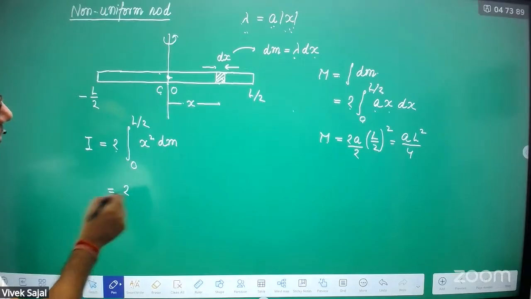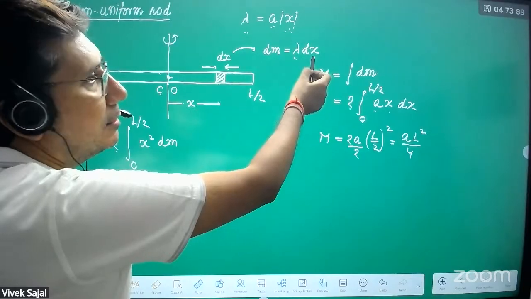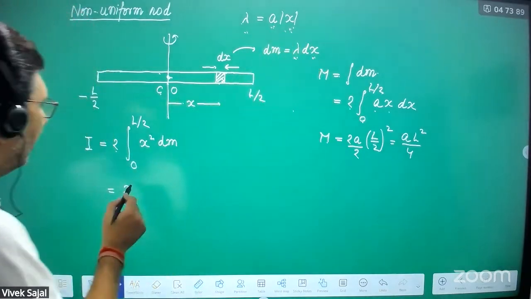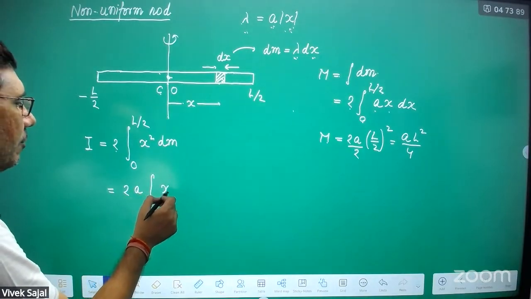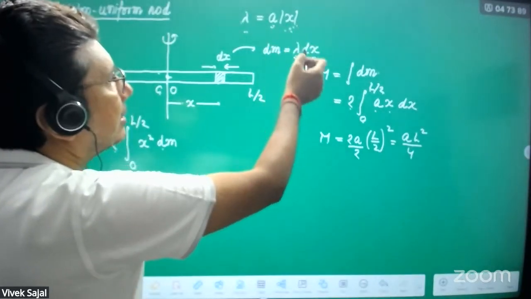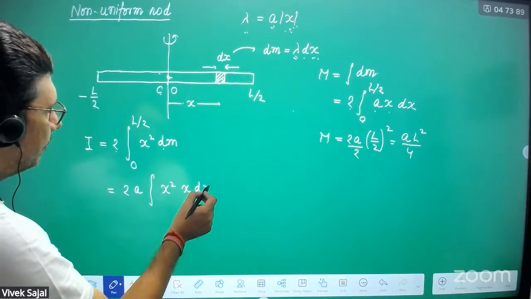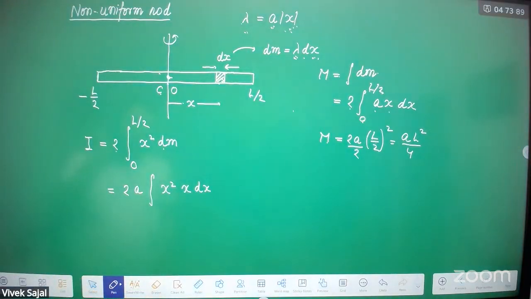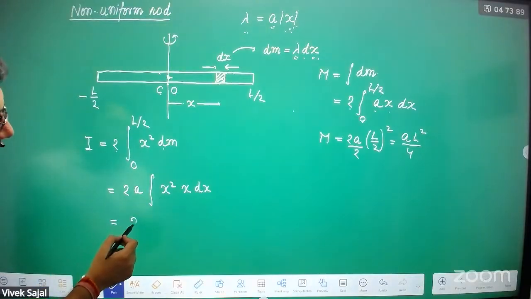So this will be 2 times, where dm is lambda into dx. And lambda is ax. So I'm writing a here. This is x square, it will be as it is. In dm, this is lambda, ax dx. So it will be x into dx also. So this will be x cube into dx. So you can write 2a is out.